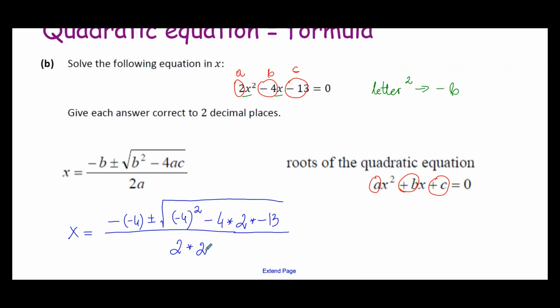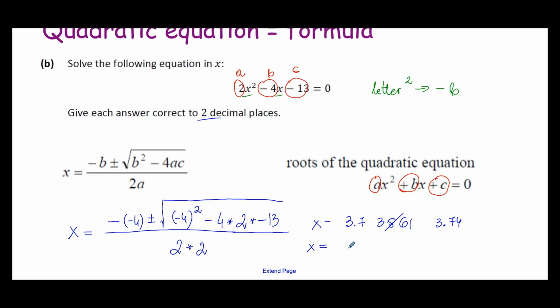Now make sure when you put that in your calculator, you start with the fraction line, because the whole formula is one big fraction. And then when we run it once, we're going to get a value of 3.73861, and we have to give it to 2 decimal places, so we're going to cut off the 8, therefore we have to add 1, so 3.74.